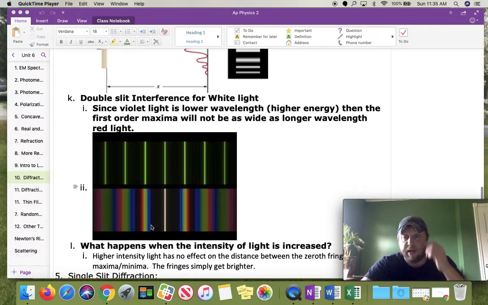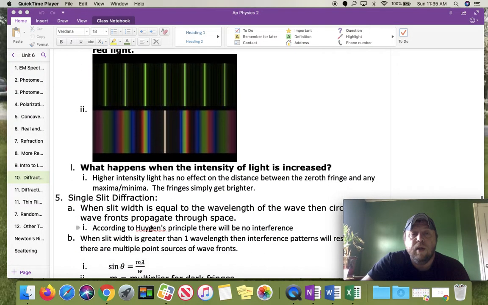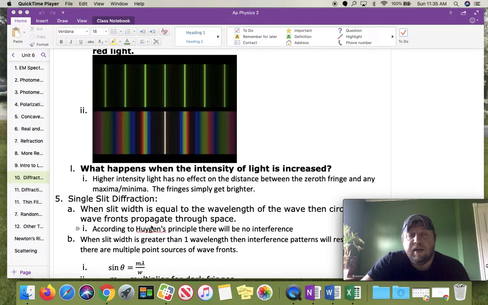So once again, you got to keep your terms straight, because this is diffraction, this is not refraction that we're talking about. So if we increase the intensity of light, this is going to have no effect on the distance between the 0th fringe and any of the maximas and minimums. The fringe simply gets brighter. Okay, so you know I like asking those types of questions.